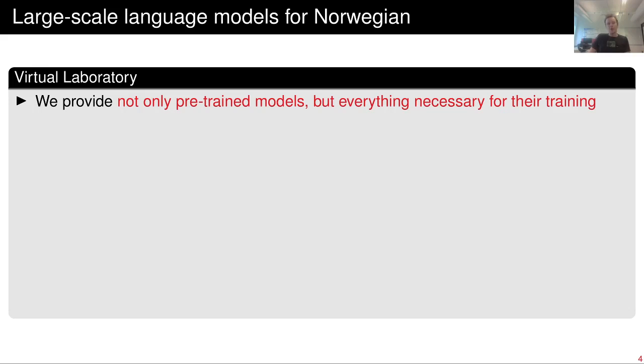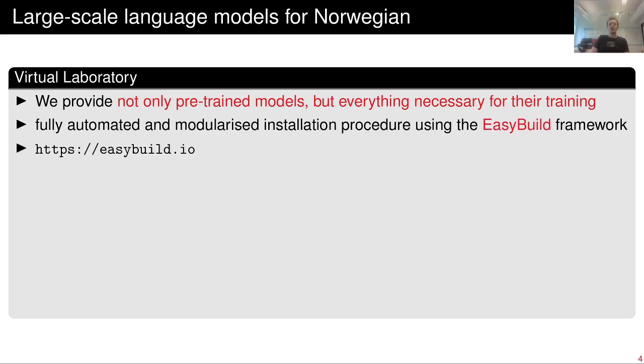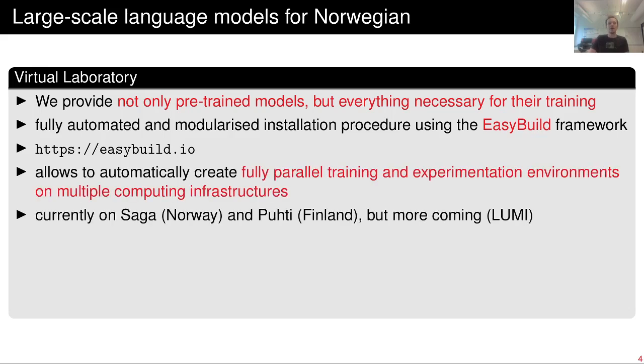It is important that we provide not just pre-trained models, but also everything necessary for their training, and this is what we call the NLPL virtual laboratory. We have developed a fully automated modularized installation procedure using the well-known EasyBuild framework, which allows one to automatically create fully parallel, fully reproducible training and experimentation environments on different computing infrastructures.